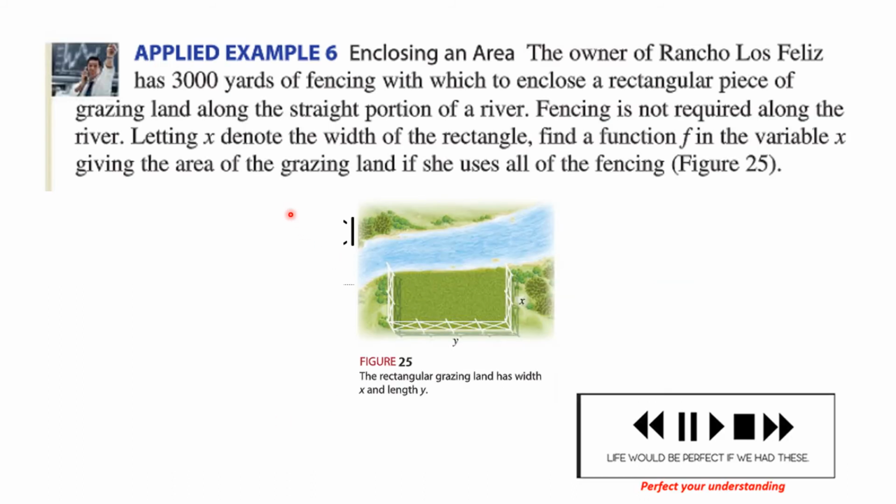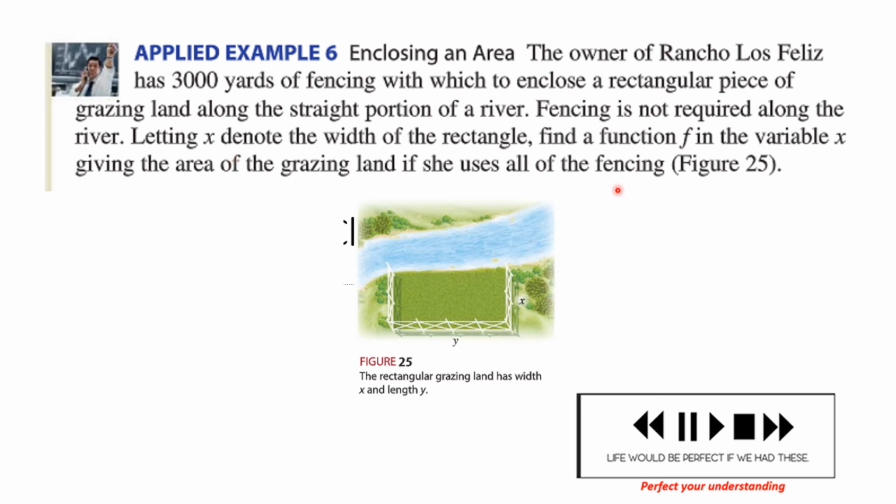Here you have to actually formulate the model. A guy's building a fence. He has only so much fence to use. He has 3,000 yards of fencing. He wants to build the biggest area that he can. On one side he's got a river running fast, so he doesn't need to fence that part. So how big an area can he enclose?